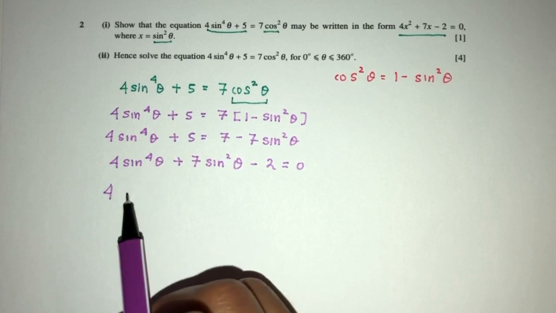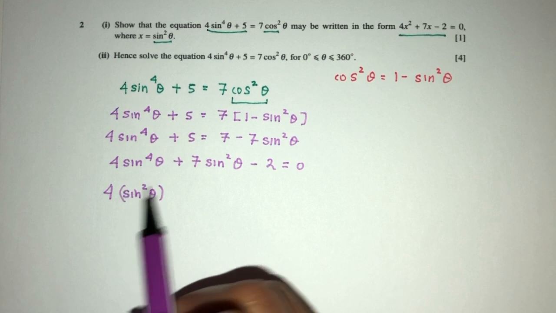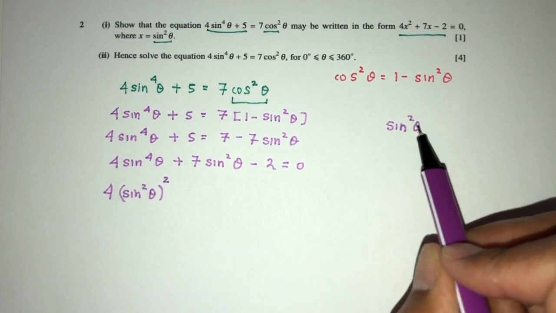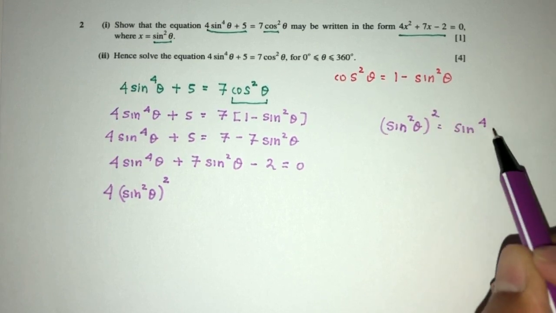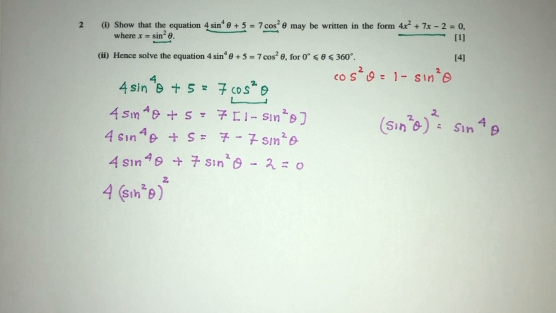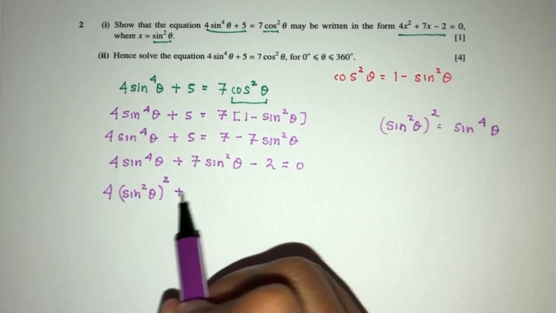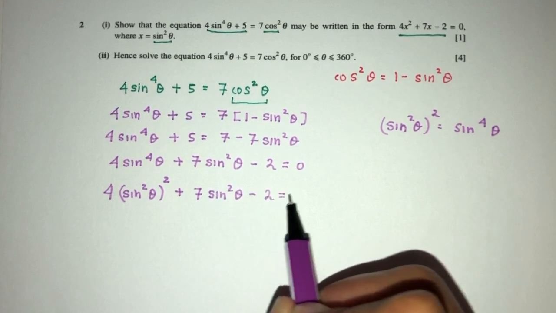Now I can rewrite this as sine power 2 theta and then power 2, because by the laws of indices, this is the same thing as sine power 4 theta. If that makes sense, right? Now the next one will be the same, obviously, plus 7 sine square theta minus 2 is 0.